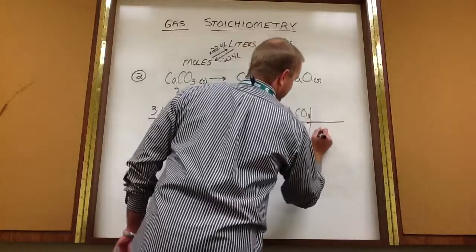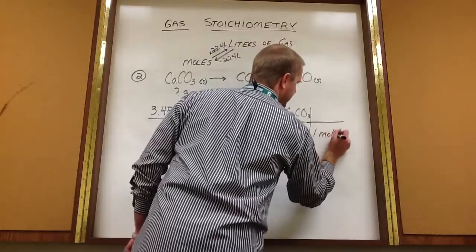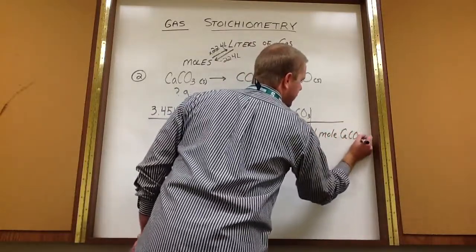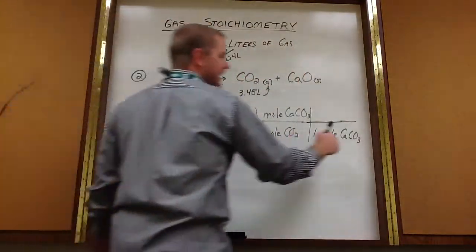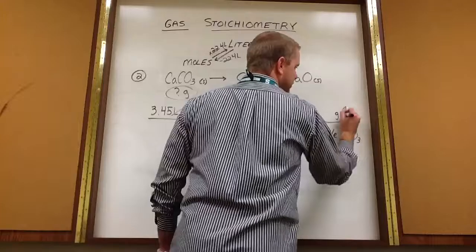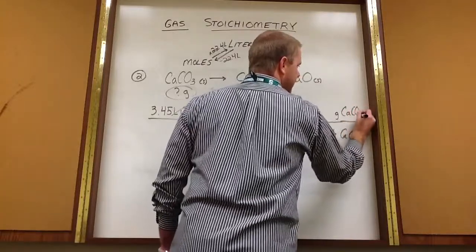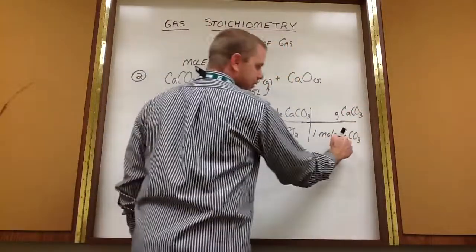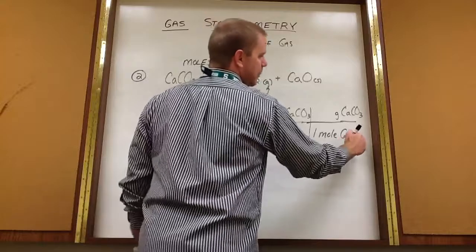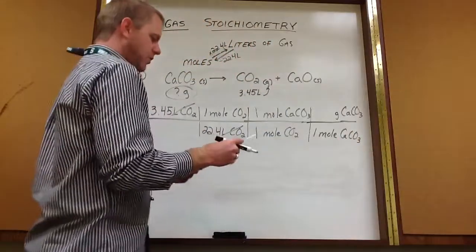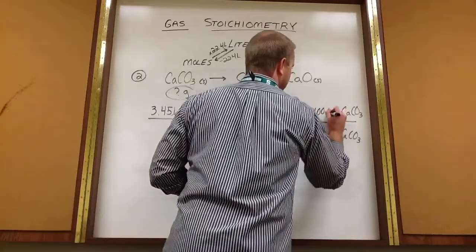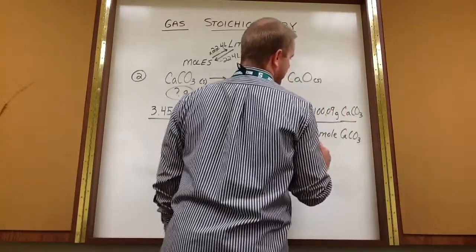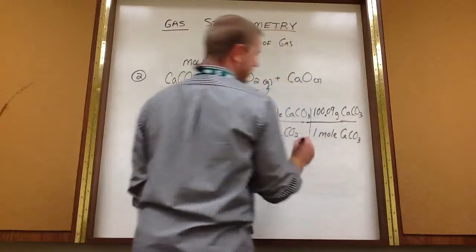Last thing is this then. In 1 mole of CaCO3, well, I want to know this in grams, don't I? I can calculate the molar mass of CaCO3, can't I? From the periodic table: calcium plus carbon plus 3 oxygens. When you do that, you get 100.09. Remember, we round those to the hundredths place. And again, it's just the molar mass.